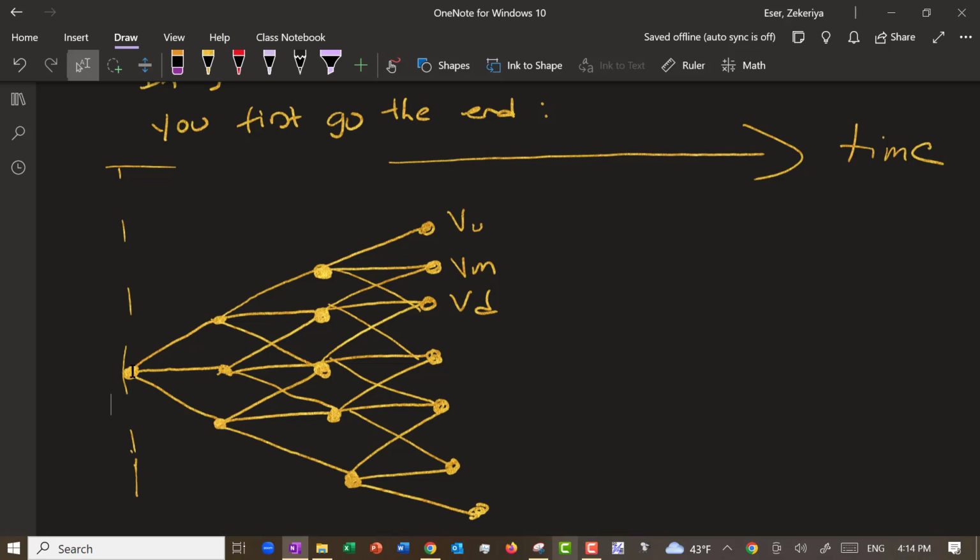But Excel's VBA is horrible in garbage collection. If you do this for 10 steps, it doesn't have a problem. If you try to do it with 100 steps, it is so bad because it has to go recursively. But we can do it using arrays, which we're going to do for American options. It's not that complicated.